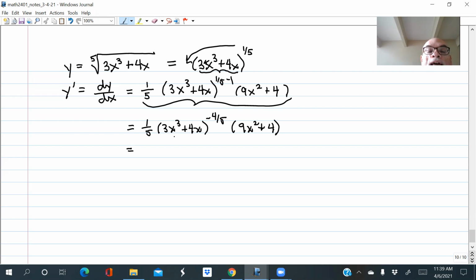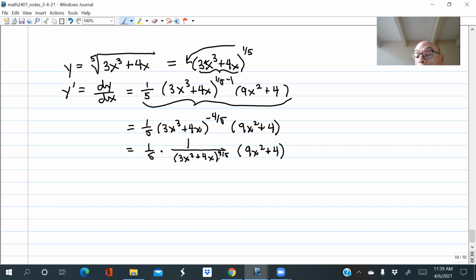If you want to deal with the negative exponent now, you can by taking the reciprocal. So you can write this as, keep the 1/5 in front, and then 1 over 3x cubed plus 4x to the positive 4/5 power, times the 9x squared plus 4.